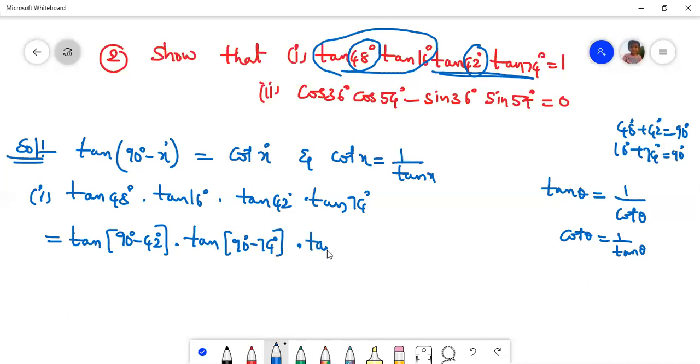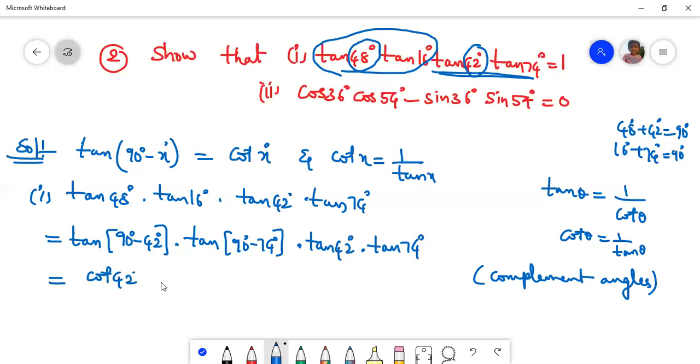The other two we write as they are, tan 42 degrees into tan 74 degrees. Next, from the complement angles, tan of 90 minus x is cot x, so that is cot 42 degrees into cot 74 degrees into tan 42 degrees into tan 74 degrees.